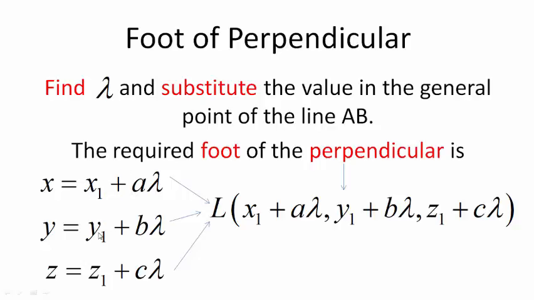You already know x1, y1, z1, a, b and c. You just have to substitute the value of lambda here. So the coordinates of point L, the foot of the perpendicular from the point P to the line AB, are x1 plus a lambda, y1 plus b lambda and z1 plus c lambda. These are the coordinates of the foot of the perpendicular.